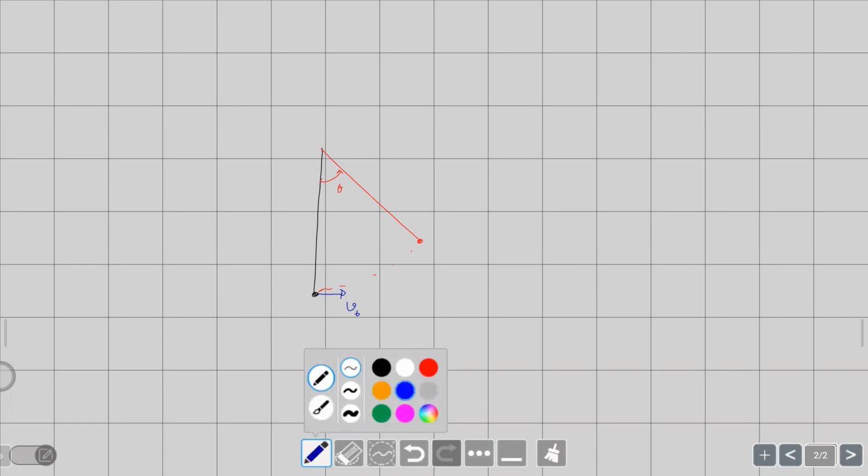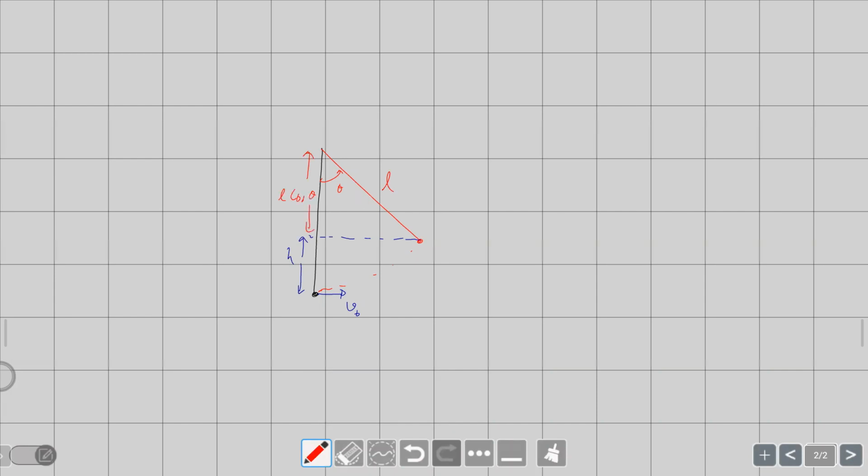The vertical displacement, this value, is h. So you can see, using trigonometry, that this side from here to here is L cos theta. So this height is L minus L cos theta. You can write it like this.